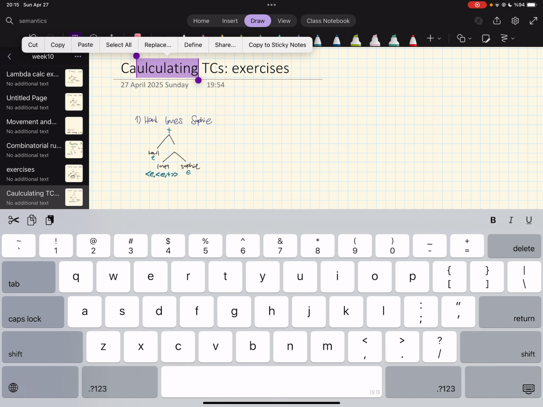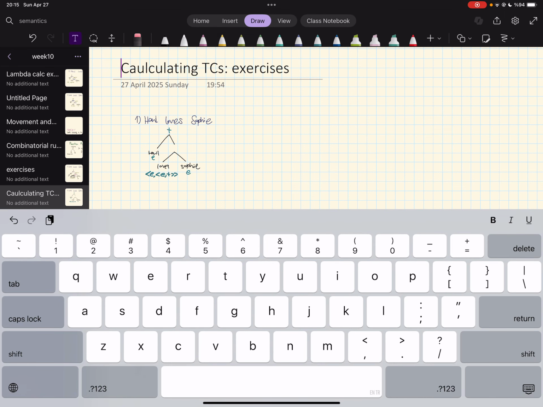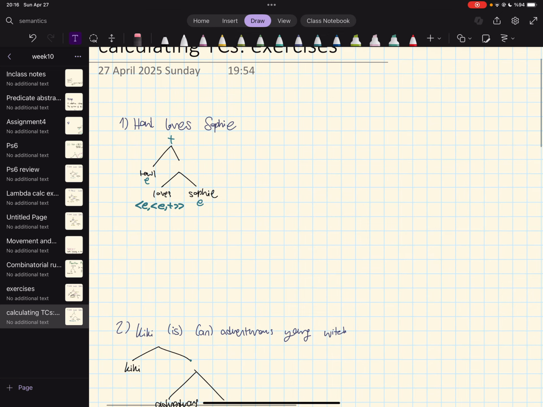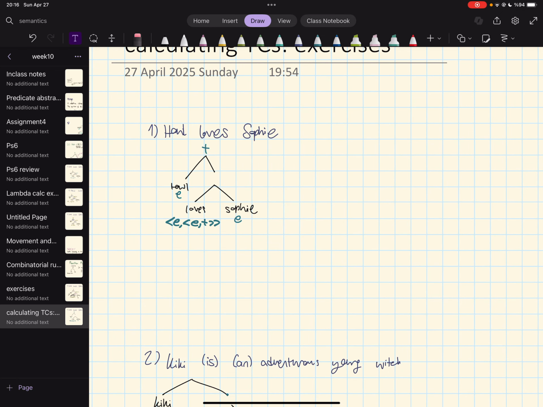And by the way, I just realized that I wrote this wrong. Okay. Now that we have assigned our types, there's this one as well. So this predicate, transitive verb loves, is a function of type EET.